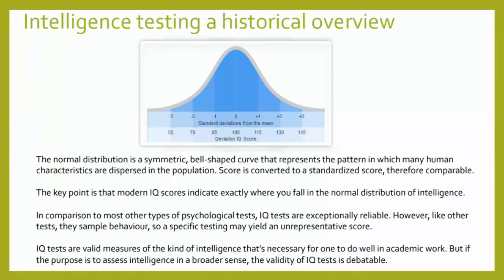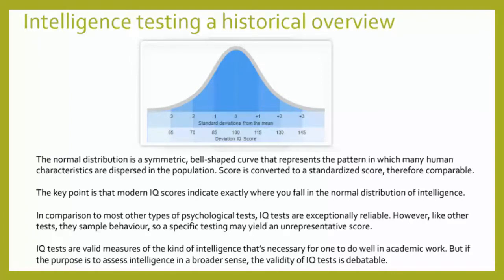So if you look right in the middle there, that's your average population. That highest point is your average. So what it says to you, if you look at the IQ score at the bottom, is that according to the population, if we look at IQ, most people fall in the middle of that. That's where the mean is for the population, with an IQ score of 100.